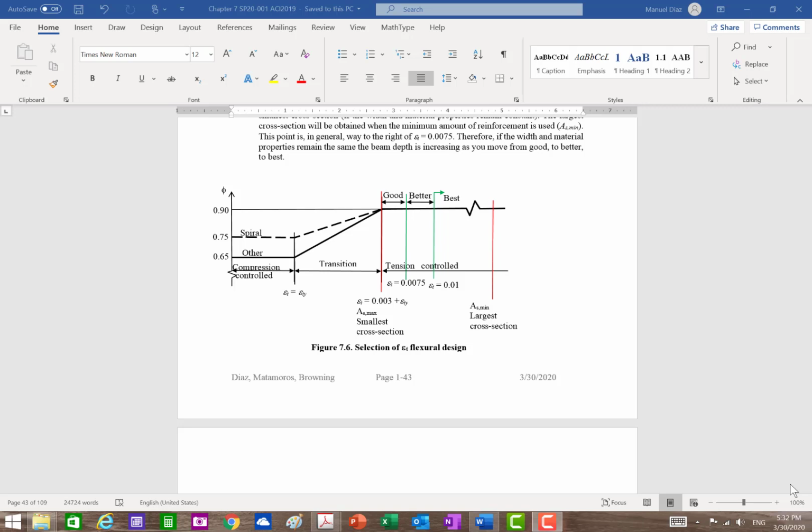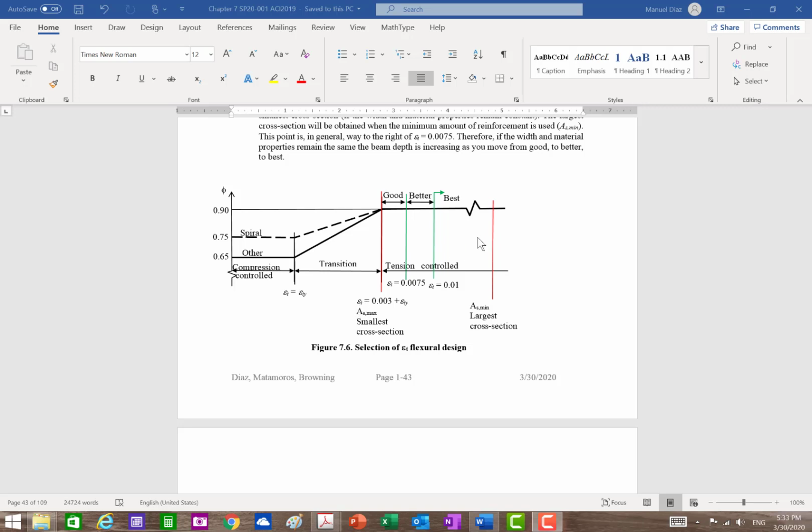As shown here in the graph that we have been using for a while, notice that we have this line which represents your tension control case, and that's the one that will give you the smallest cross section, because at that point you're putting the maximum amount of steel. If you put the maximum amount of steel, then you don't need a very large section to carry the moment. So your depth can be smaller.